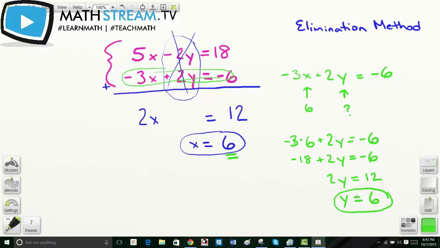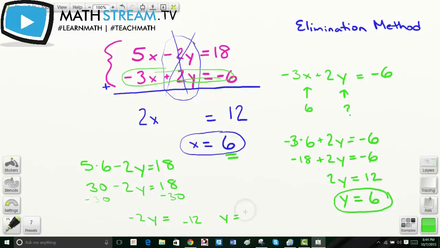It's not always the same. But in this case we see that when x is 6, if I plug it into one of the equations, y is also 6. Now let me just show you something kind of interesting. If I were to plug this into the other equation, so it was 5 times 6 minus 2y equals 18, so that's the first equation, and we solved it out, 30 minus 2y equals 18, subtract 30 from both sides, that would give me negative 2y equals negative 12.